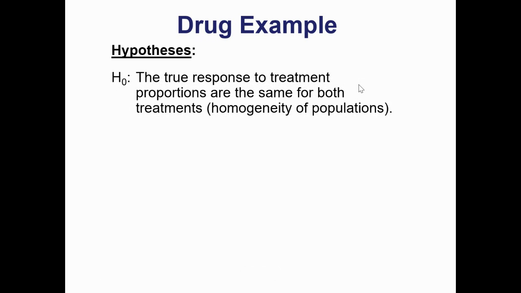We'd say that the true responses are the same for both treatments. We don't want to say they cured it because we don't know that they cured it, but the proportions are the same for both treatments. That's how we get homogeneity. They're the same. Proportions are the same.